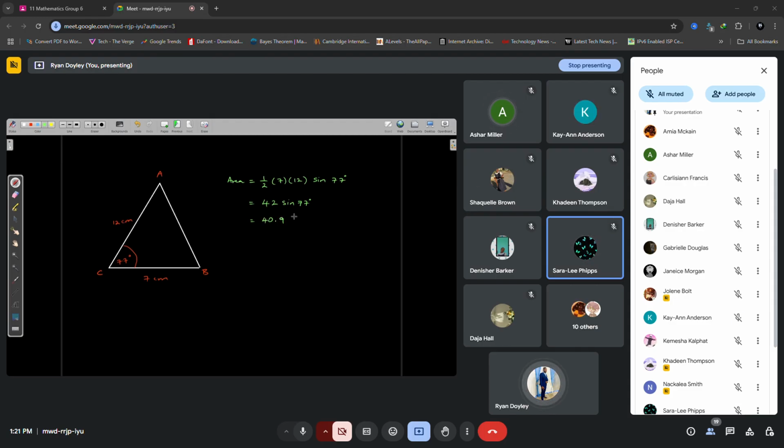And what's the unit? Centimeters squared. Because already it is centimeters. All right, so this would be the area of this triangle, and that's how we approach questions like these.